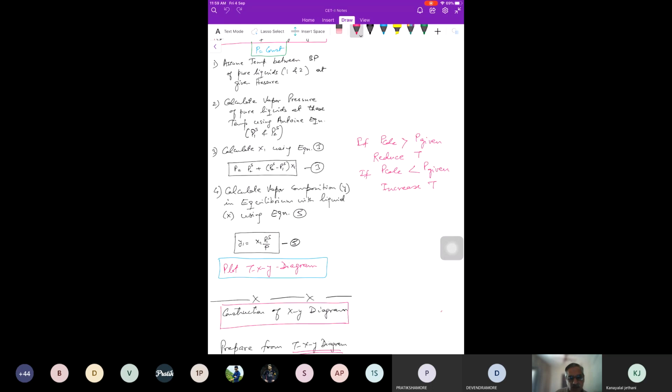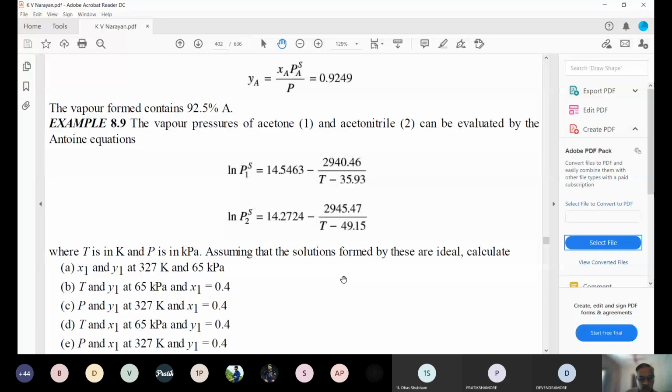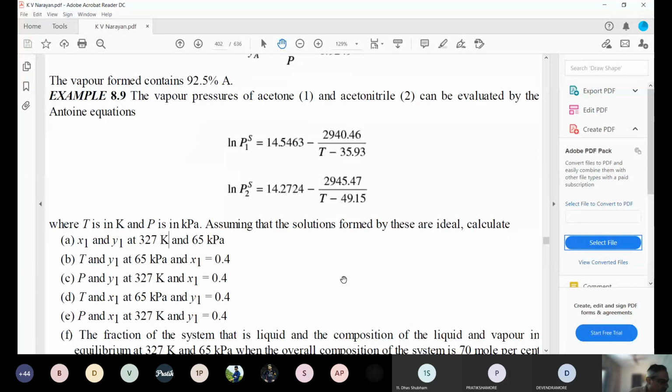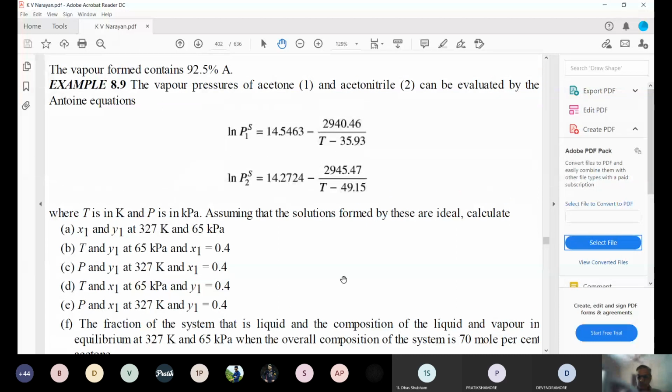I can give you a hint, but that will be just a hint. If you see this, okay, let me go back. So if you look at your value given, what we calculated at 325, the total pressure was 53 kilopascal, right?